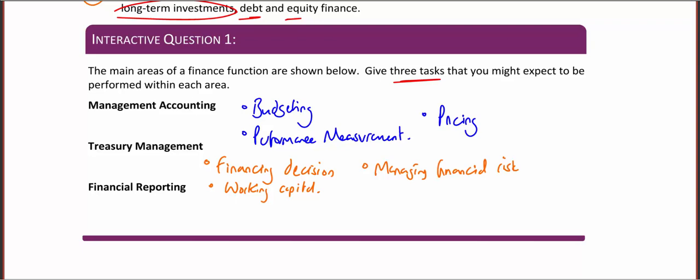And then finally, for my financial reporting, obviously you're going to have your financial statements. So putting together your statutory accounts. You might have some reporting to tax authorities.